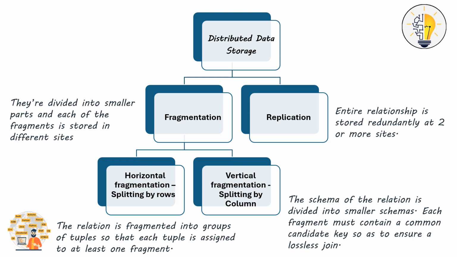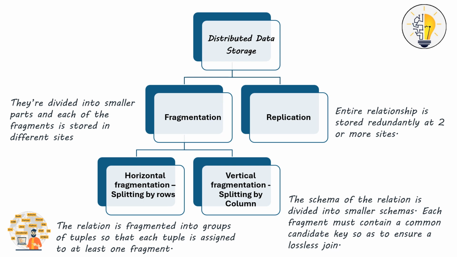Now, what is fragmentation? Fragmentation is dividing the relation into different small parts. All these small parts will be stored in different sites, wherever they are required. There is an advantage in fragmentation: it doesn't create any copy of data, so consistency will not be a problem.